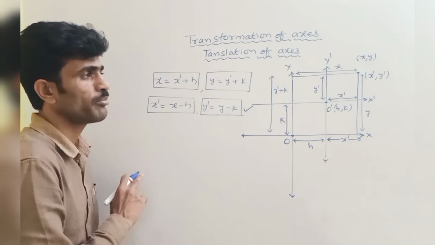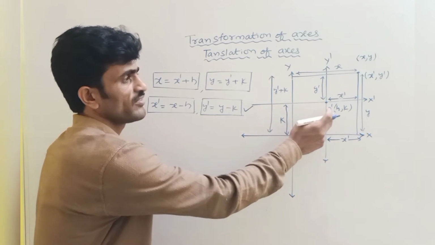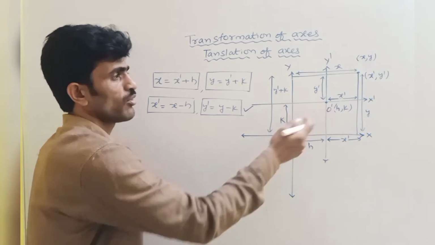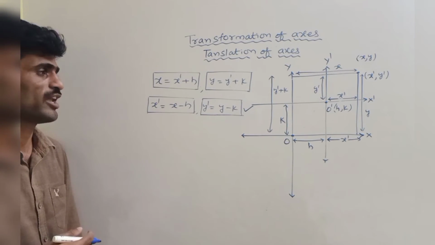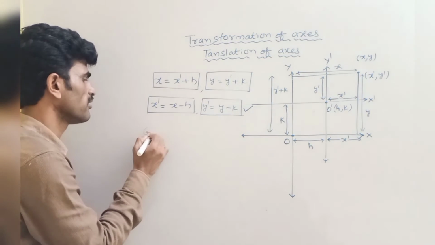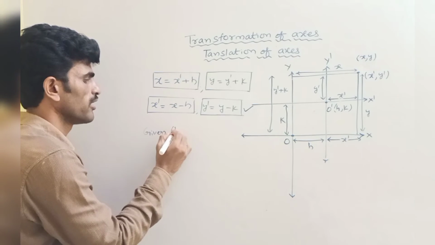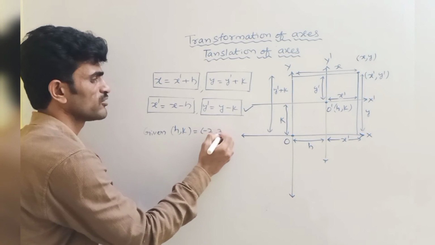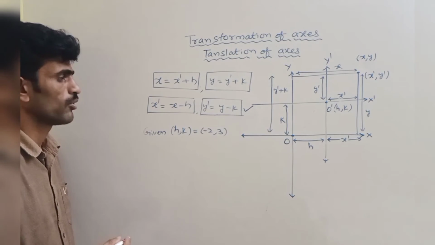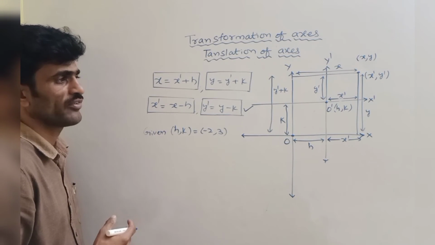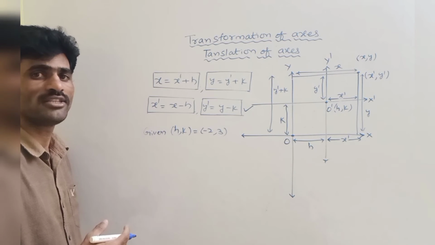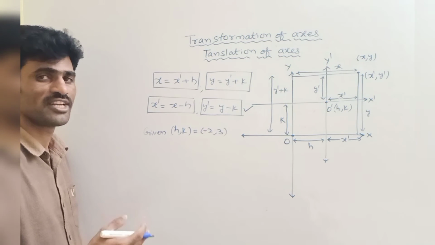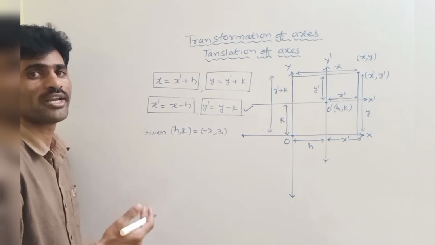The origin is shifted to h comma k, so h comma k is equal to minus 2 comma 3. And one more point is given, that is 1 comma 2. Find the coordinates of 1 comma 2 with respect to the new coordinate axis.